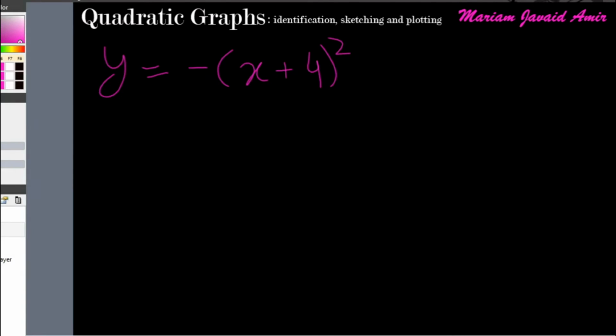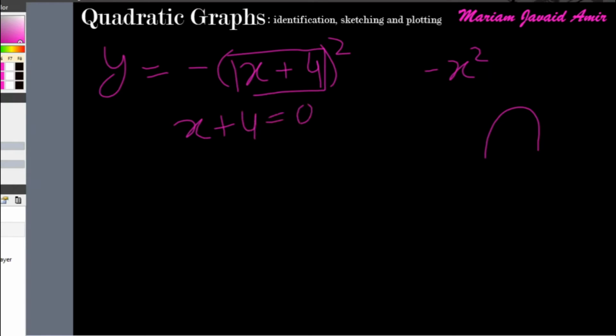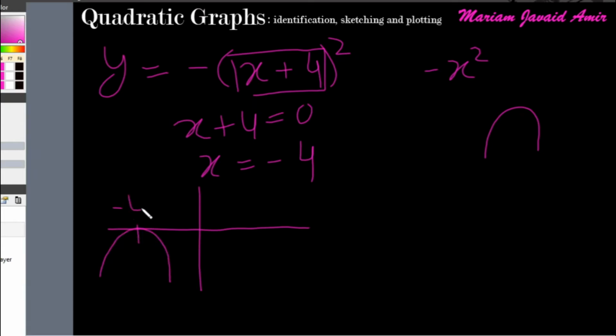Now, because of this minus, the equation will have a negative x square coefficient when we'll open the bracket. So that means now the shape will be an inverted U graph. So it will be something like this, and the rest working will be the same. When you substitute x plus 4 is equals to 0, we get x equals to -4. So the graph will be of inverted U shape, which will shift 4 units to the left. Rest will remain the same.